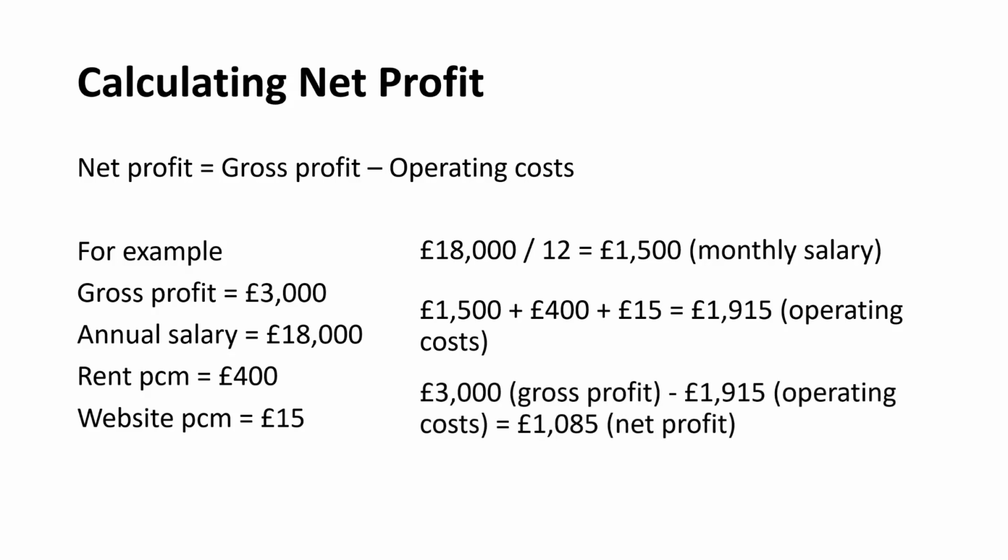We then take our original figure from the previous example, so the gross profit of £3,000, and we take away the operating costs that we just worked out, being the £1,915, which gives us our net profit of £1,085.